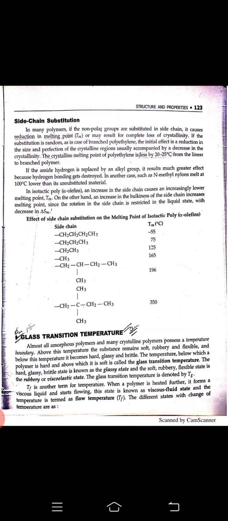In isotactic poly-alpha-olefins, an increase in the side chain length causes an increasingly lower melting point Tm. On the other hand, increasing the bulkiness of the side chain increases the melting point, since rotation in the side chain is restricted in the liquid state, decreasing delta Sm. Rotation is restricted, meaning no rotation, so delta Sm decreases.